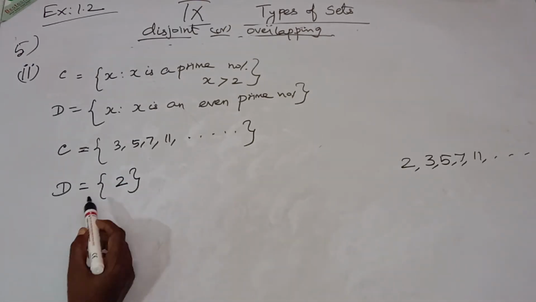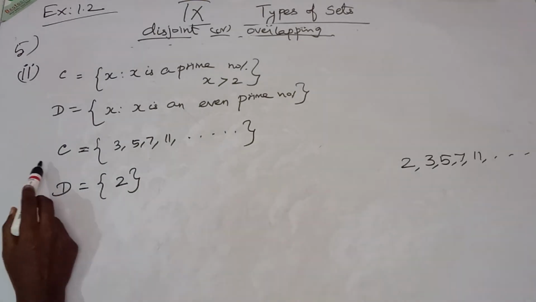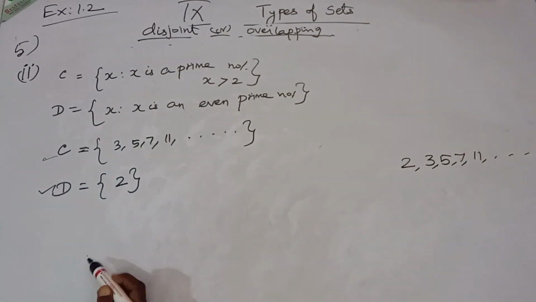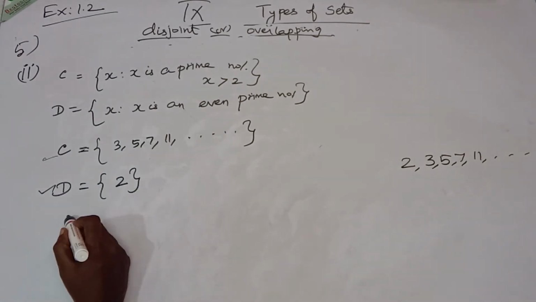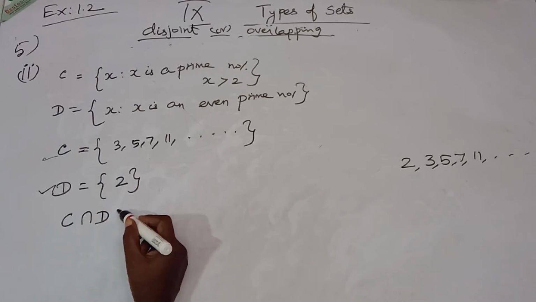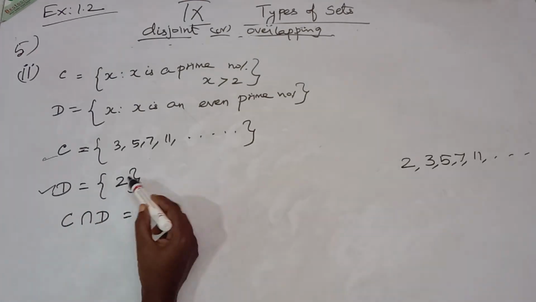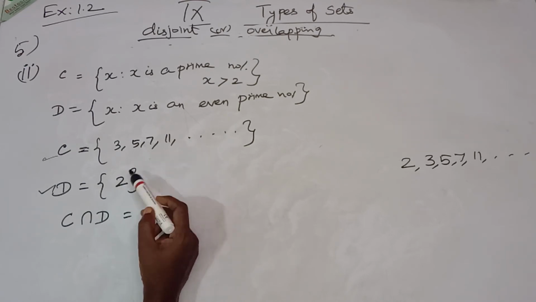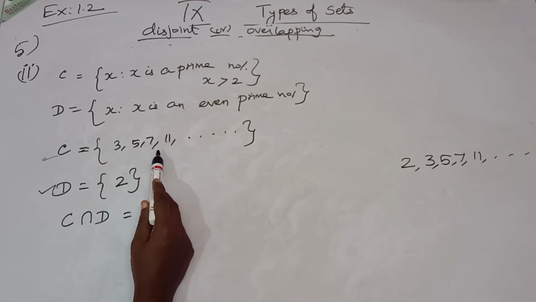Now we are going to check whether the given two sets C and D are disjoint or overlapping. For that, you have to find C intersection D, the intersection of the two sets. Here in C many elements are there, but there is no 2.